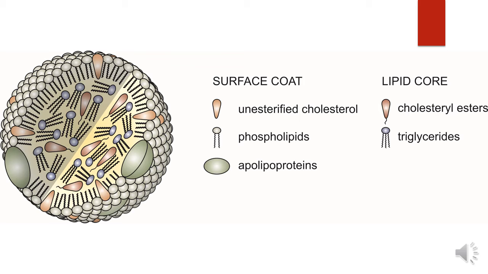These triglycerides are then transported around the body, where the apolipoprotein on the surface interacts with the endothelium, primarily in the adipose tissue, where a lipoprotein lipase will break it down to extract the triglycerides to use them for energy or for storage.